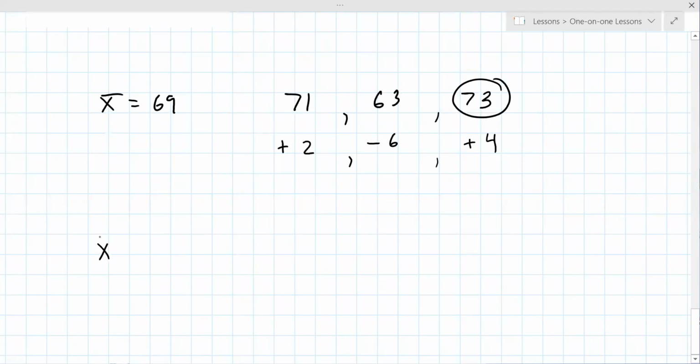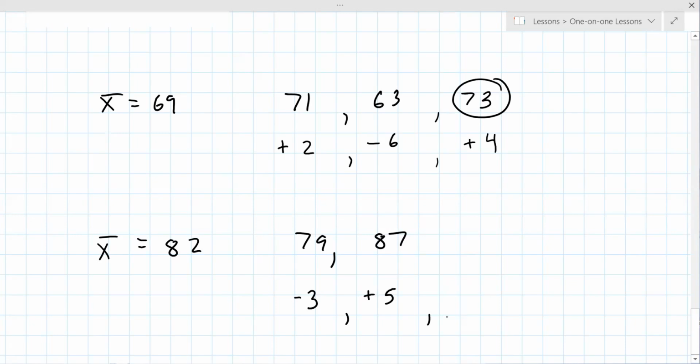Let's try another one here. So the average for this new set of numbers is 82, and the scores are 79 and 87. Okay. So it's -3 and +5.